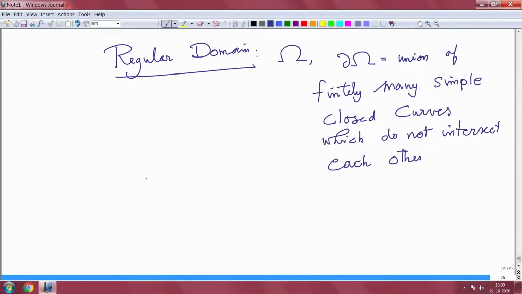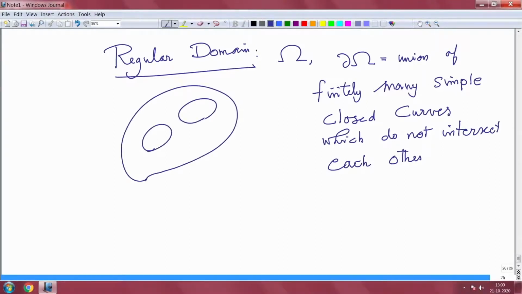For example, if you have a domain, you can have something like this: this is the boundary, d omega. Part of it is the domain, and this is also a boundary. When you have a simple closed curve in R2, a regular domain in R2, that is the easiest way.